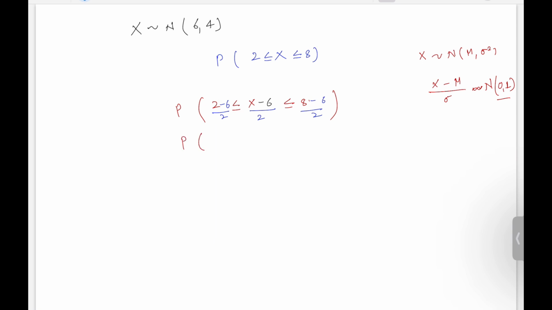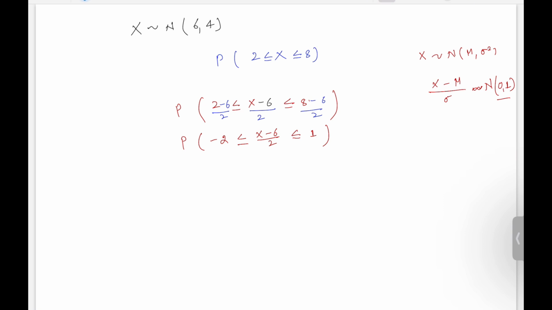Now we are interested in finding this probability. It becomes the probability that (X minus 6) divided by 2 lies between (2 minus 6) divided by 2 and (8 minus 6) divided by 2. This random variable has a standard normal distribution with mean 0 and variance 1. Now we can use the table to find this probability.